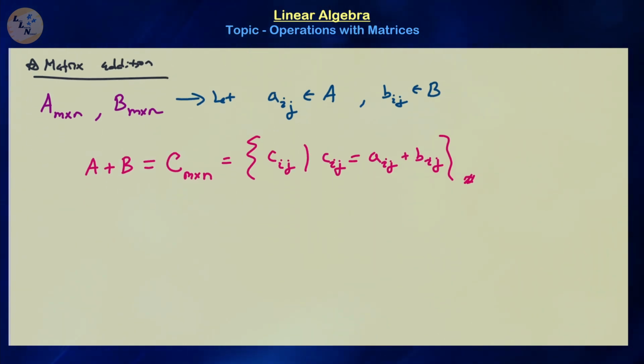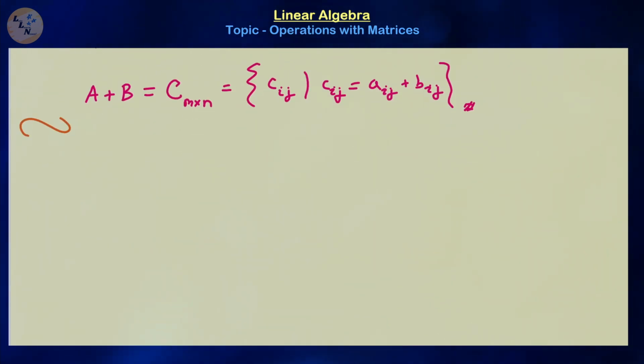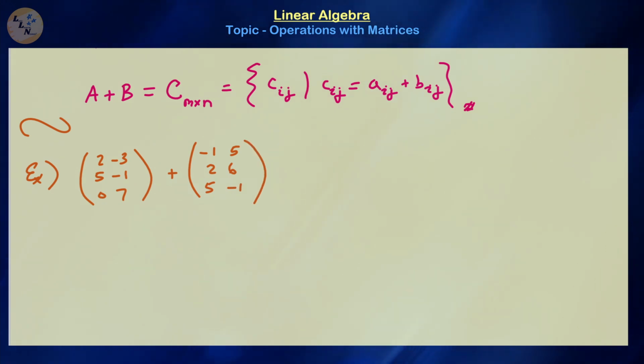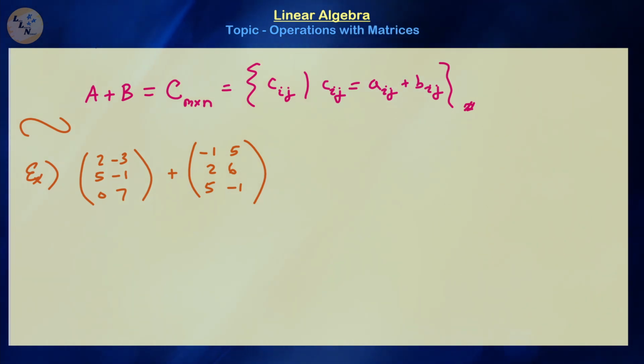So let's look at a numerical example to see what that means if you're not comfortable with the general structure of it. Let's assume we have matrix A, which is 2, minus 3, 5, minus 1, 0, 7, plus another 3 by 2 matrix, negative 1, 5, 2, 6, 5, minus 1. So remember, if the matrices are not of the same dimensions, both of rows and columns, you cannot add them, at least in the general sense.